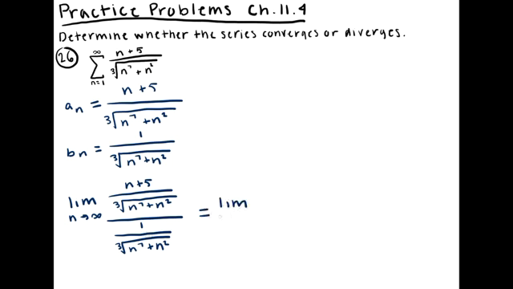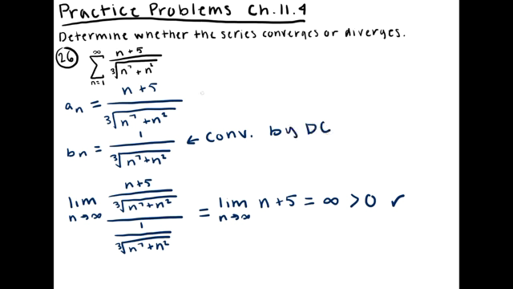So you'll have the limit as n goes to infinity of n plus 5, which will then equal infinity, which is greater than 0, so you can use the limit comparison test. So then to find the convergence or divergence of your b of n, you are going to want to use direct comparison, and you'll find that it converges by direct comparison. So then you can say that your a of n converges by limit comparison.